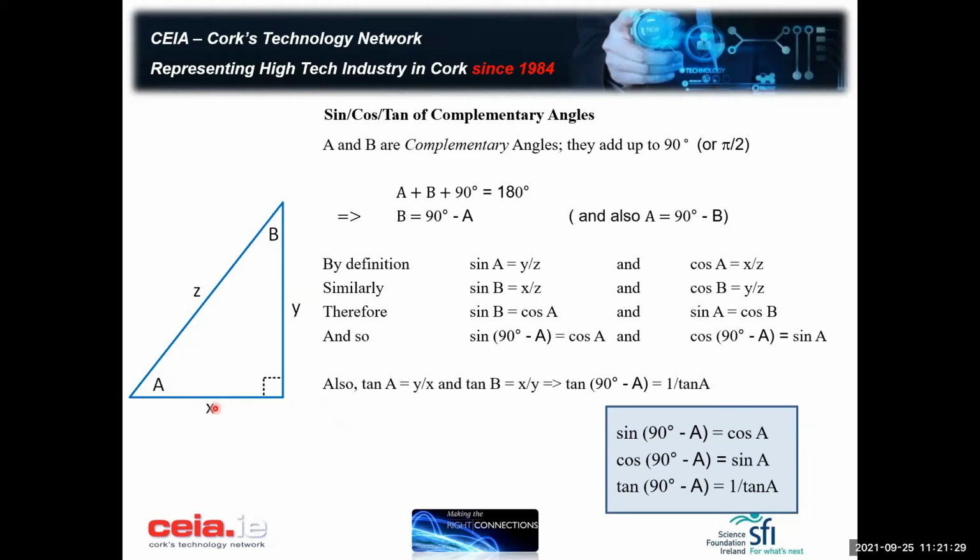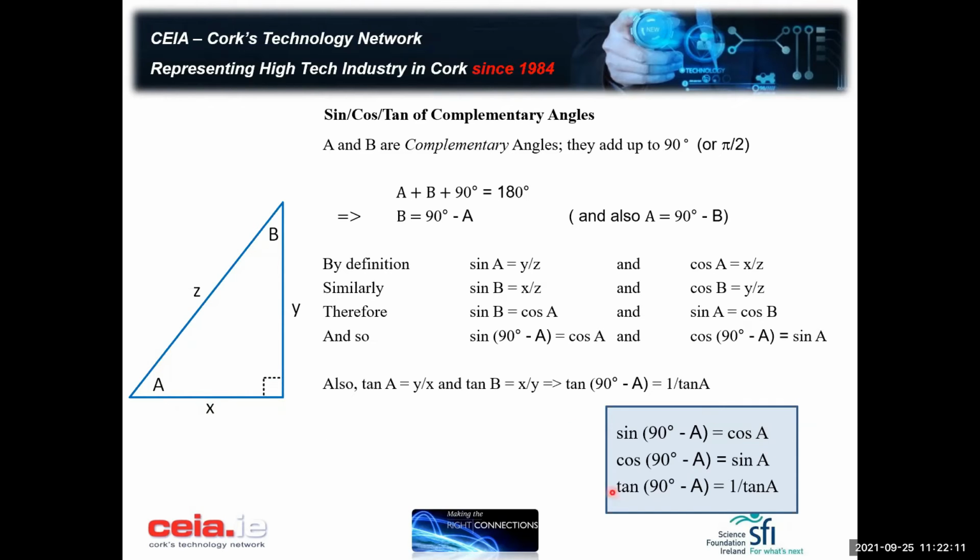And what you can see from the triangle is that this y value here, which is the opposite of the angle A, is adjacent to angle B. And so this means that because they share the same hypotenuse, the sine of A, which is y over z, corresponds to the cosine of B, which is y over z again. Similarly, x here is adjacent to the angle A, but is opposite to the angle B. So the cosine of A is equal to the sine of B.